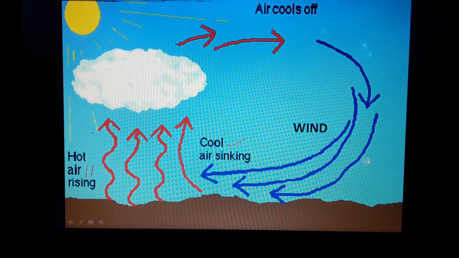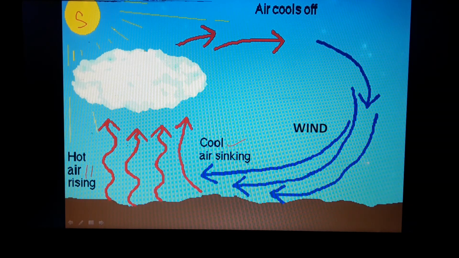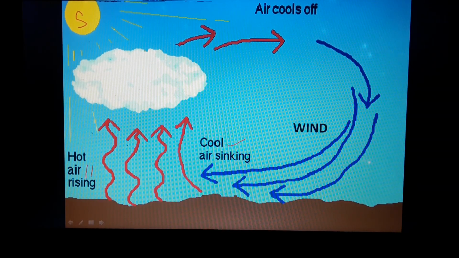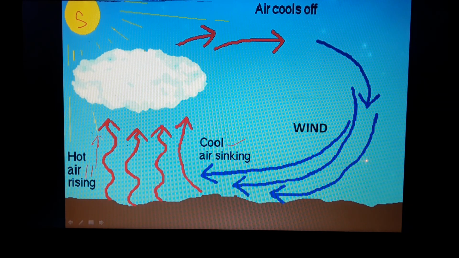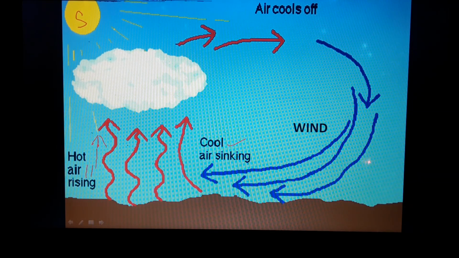So what happens when the sun shines on us, the air around us gets hotter, and as hot air is lighter, it rises upwards. It rises upwards. And as soon as this air rises upwards, what happens?